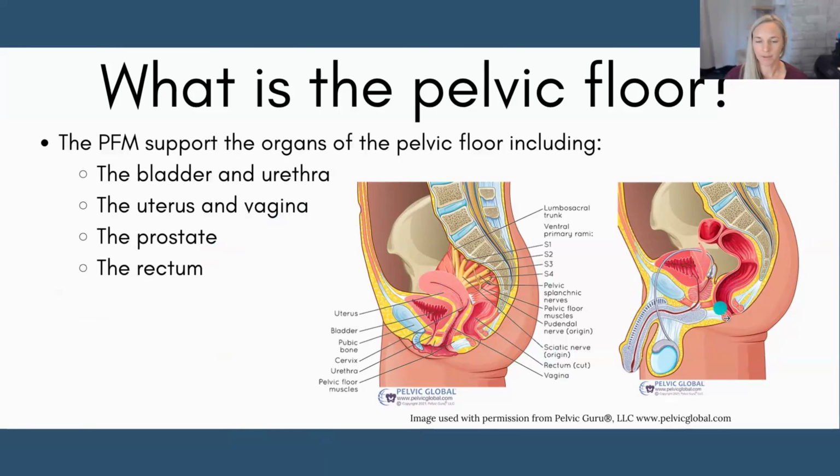I also like to point out in this slide, we have the sacral plexus right here. This is where the sciatic nerve comes from. It is deeply oriented, close to our pelvic floor, and so oftentimes when people have back pain, like I said in the prior slide, they can have issues with the pelvic floor.